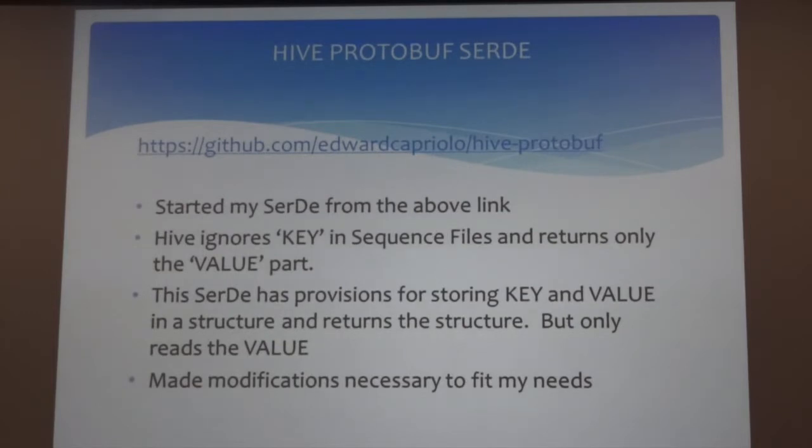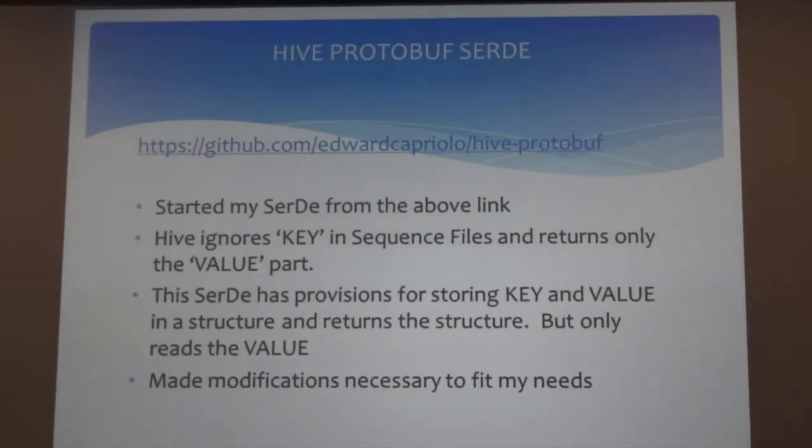One problem is that when Hive reads a sequence file, it only returns the value part of it, so we lose the key. This SERDE had a provision for accessing both the key and the value, but it did not do the right thing. So I had to make changes for this.